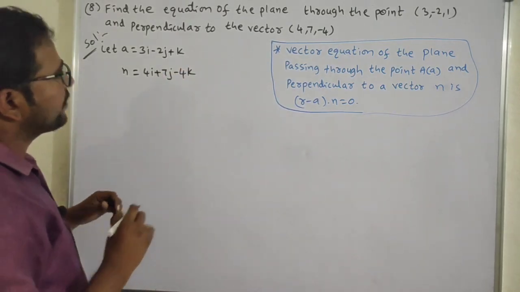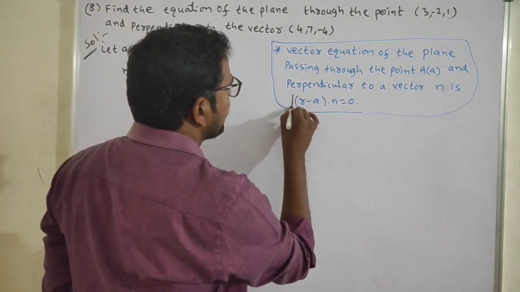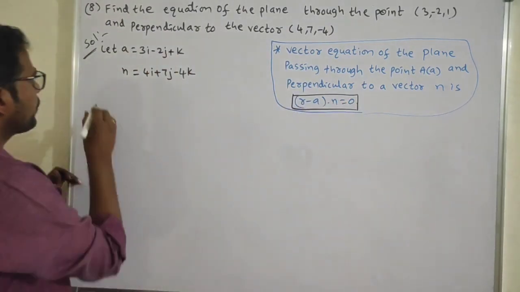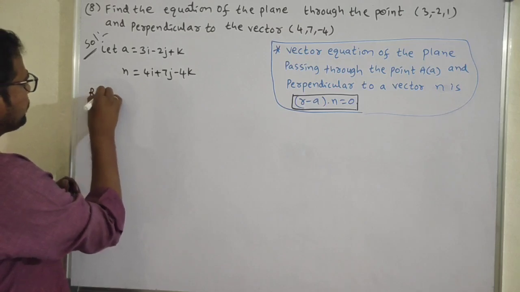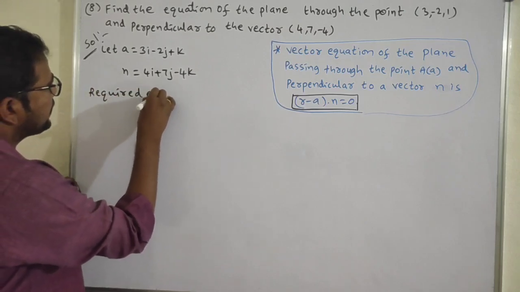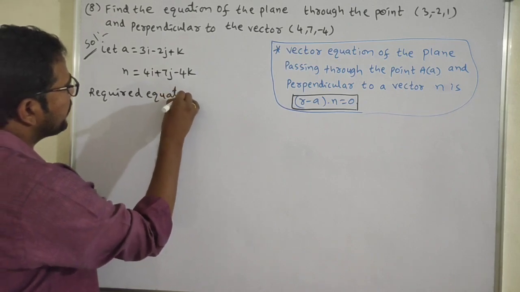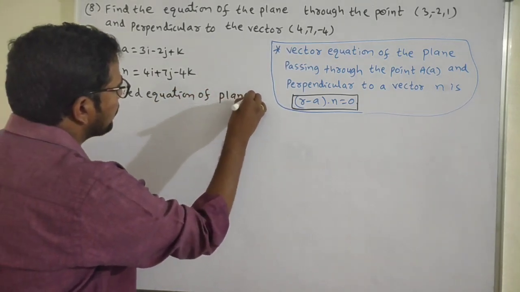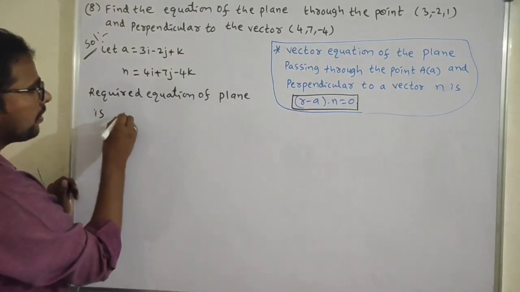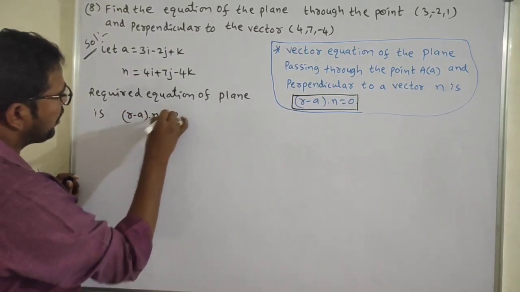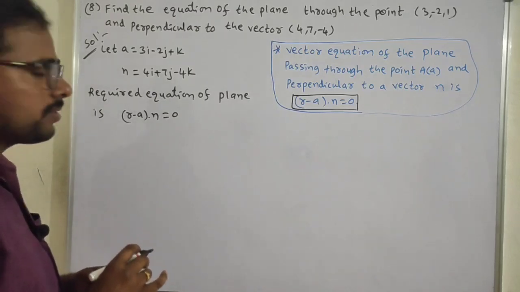What is the required equation of the plane? The required equation of the plane is r minus a dot n is equal to 0.